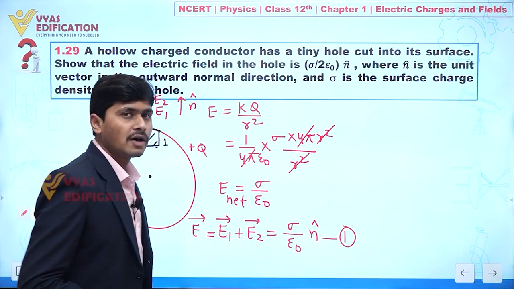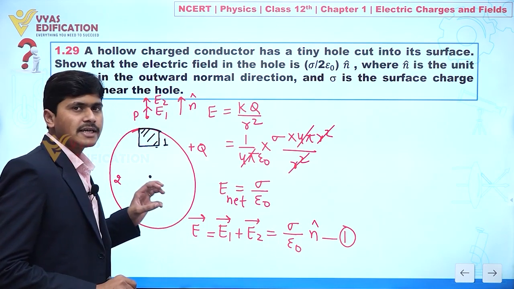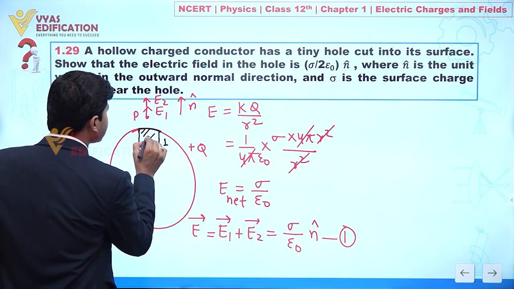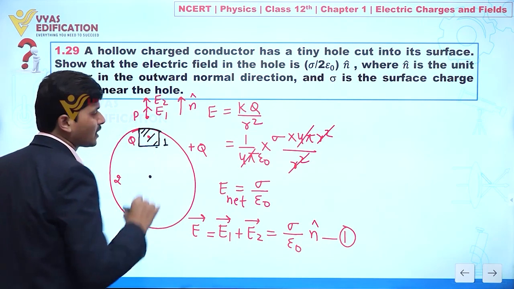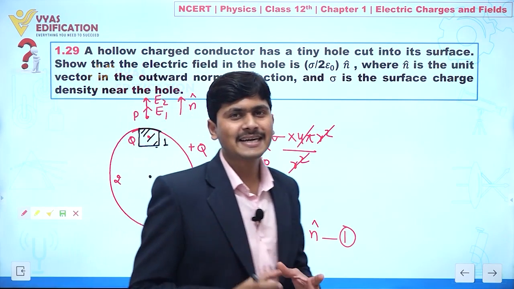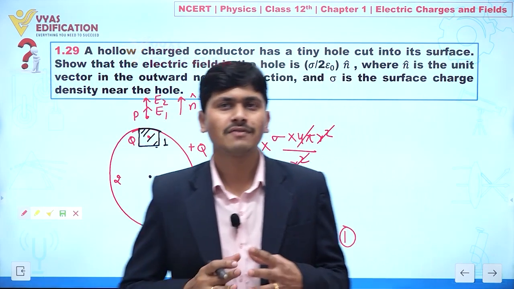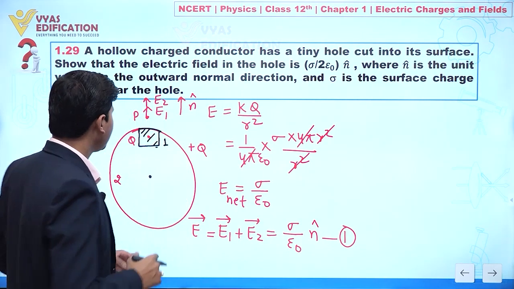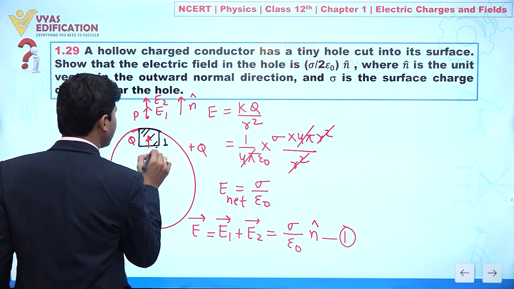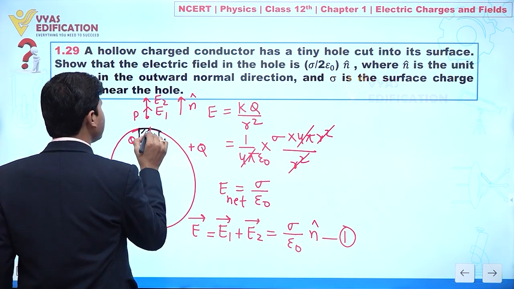Now if we consider any point, let's suppose I am considering point Q inside the conductor. We know inside a conductor we always find net electric field zero. So let's suppose this is E1 and this is E2.